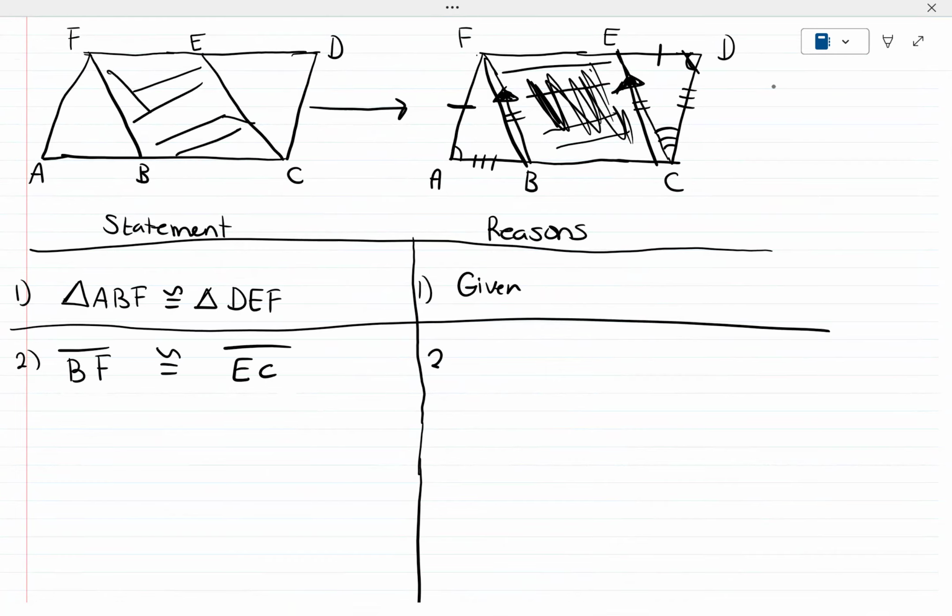And the reason is CPCTC, because they tell us specifically that triangle ABF is congruent to triangle DEC. That means if two triangles are congruent, all their corresponding parts must be congruent. So that would be CPCTC.